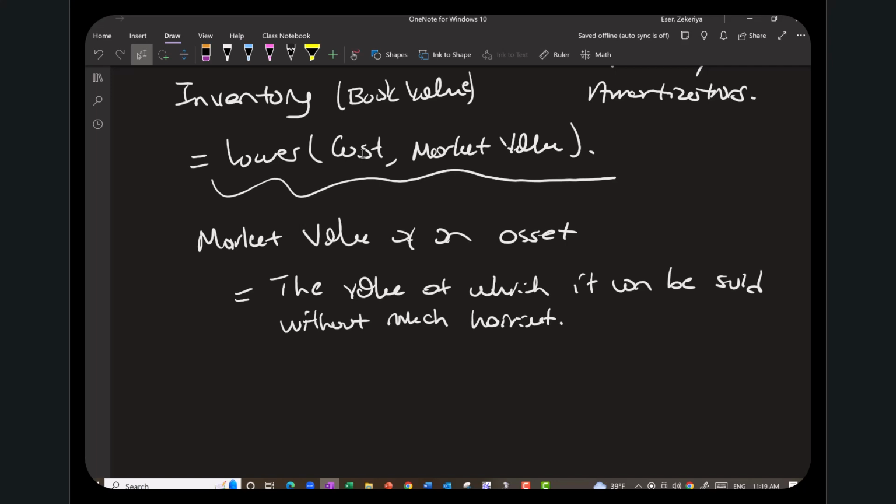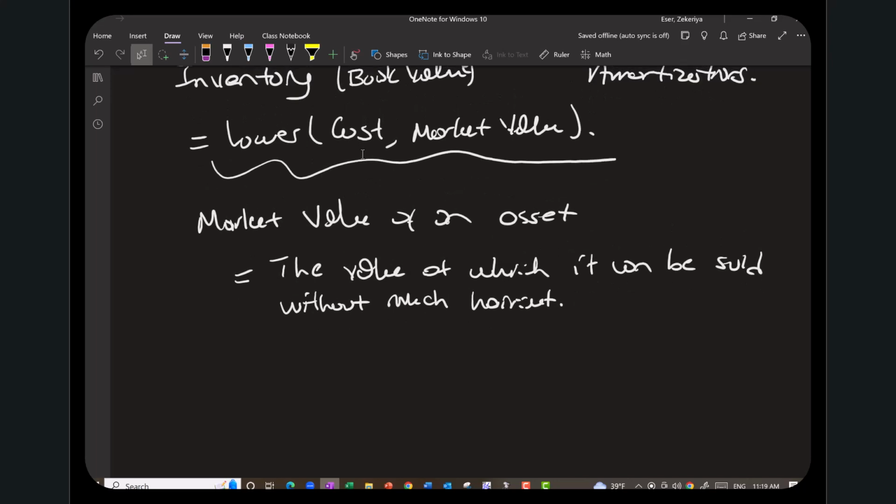In your books, it can be worth zero. But there are people who are going to pay maybe $200 for this one. I had this Surface for the last 4 years. I could probably get $100 for it if I sold it tomorrow. If I bought the new version, I'm going to pay probably over $1,000. But the market value for this is 100. Book value would have been zero.